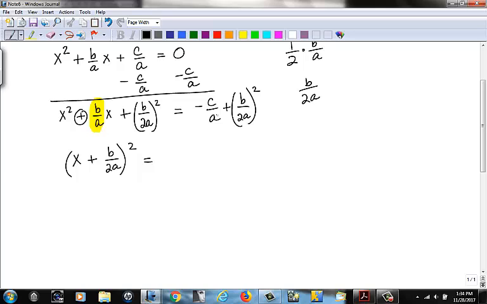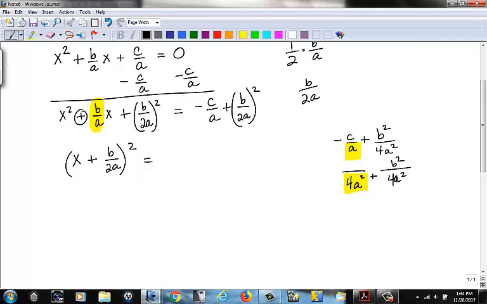Equals. Now, you got to do a little bit, and I would do the arithmetic out at the side. So I have a negative c over a. When you square that fraction, you square the top part, is b squared. Square the 2, which would be 4. Square the a, which would be a squared. Common denominator is 4a squared. So this fraction is going to stay the same. Okay, and you have to say, what did I multiply this by to get this? 4a.